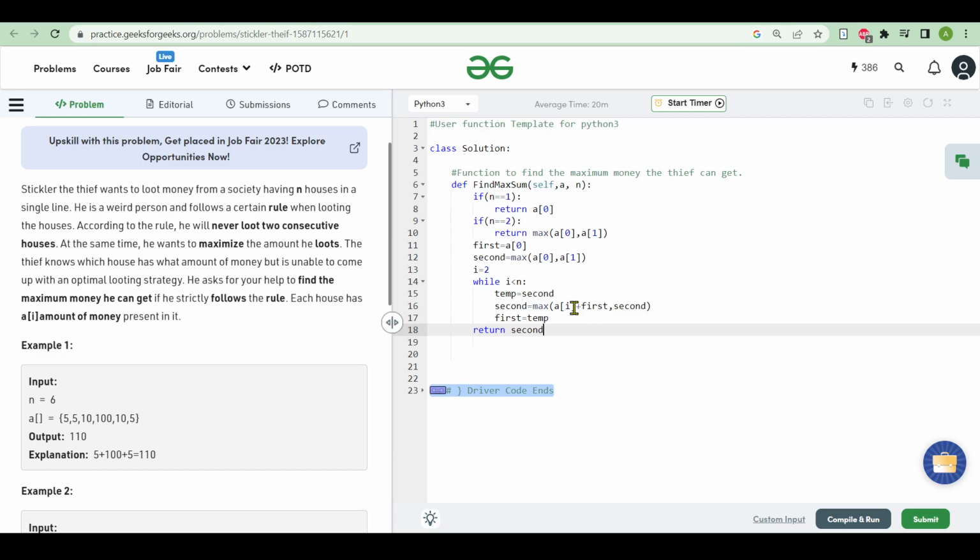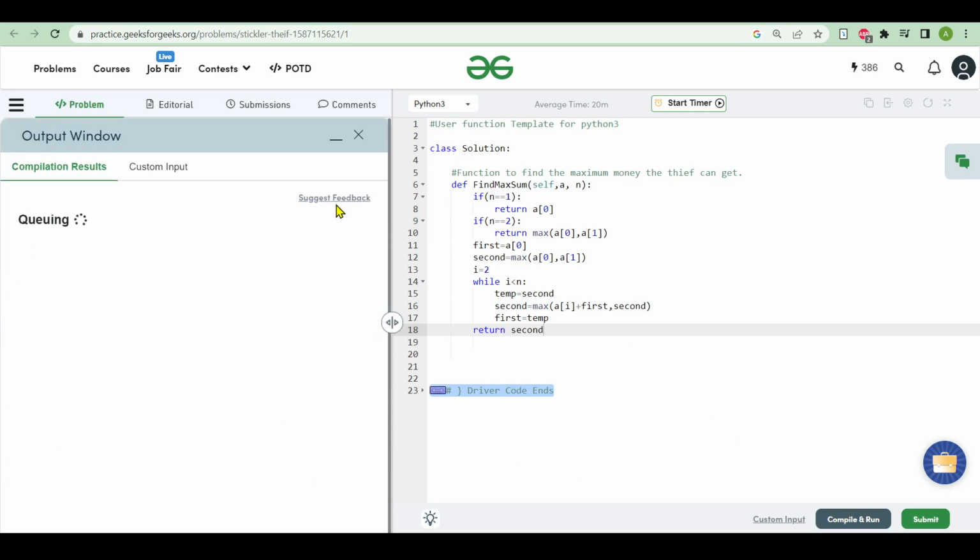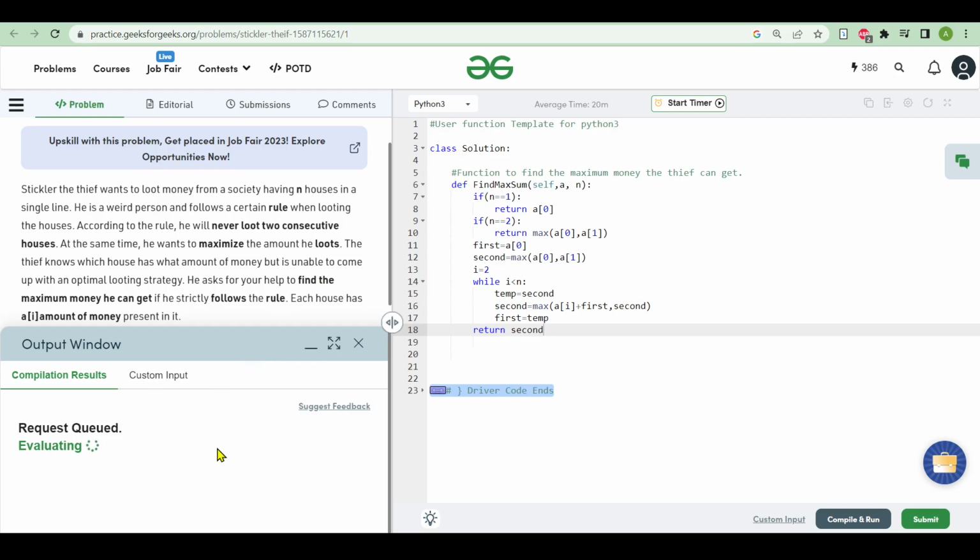Now let's try to run it. I hope it should work. It's taking much time.